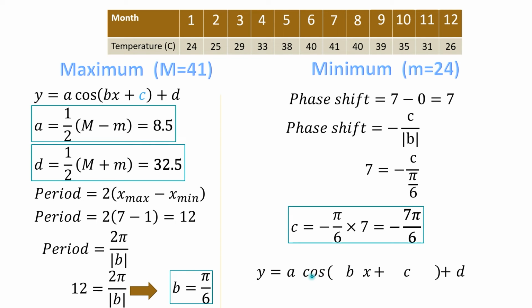The same function, just with a cosine this time. All the values are the same except for C. We can see that C is now minus 7 pi over 6. Now, which one is better, this one or the previous one? Actually, both are exactly the same.